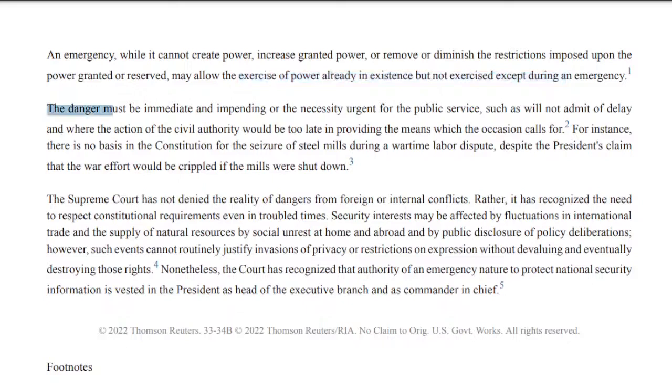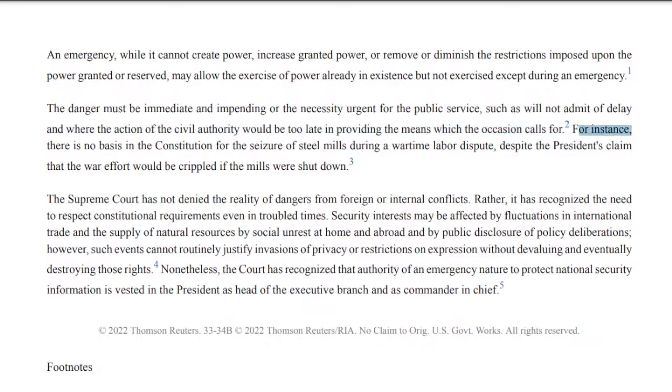The danger must be immediate and impending, or the necessity urgent for the public service, such as will not admit of delay, and where the action of the civil authority would be too late in providing the means which the occasion calls for.